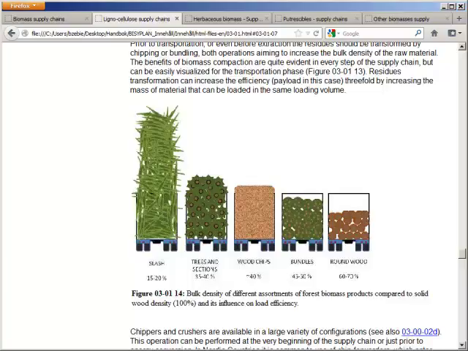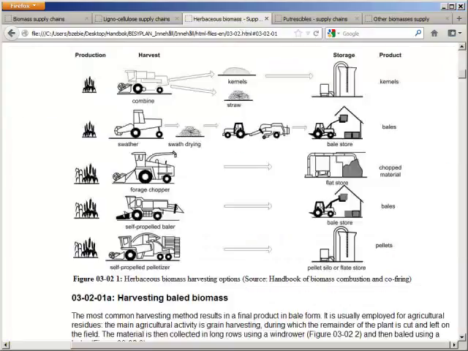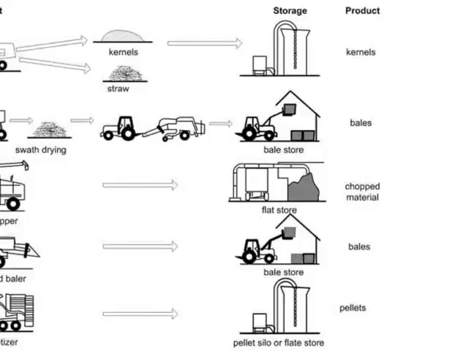The same thing basically holds true also for herbaceous biomass, where you will look at this picture. We looked at this picture before, but now I will point out especially the right-hand side column, where we have bales that are treated and stored, where we have again bales produced by a field baler.